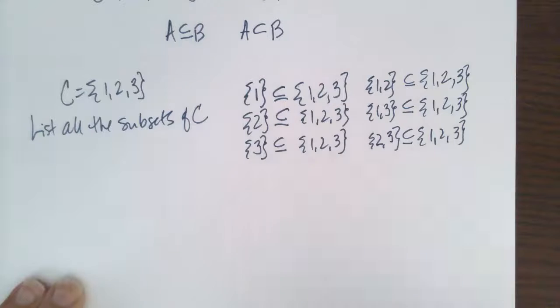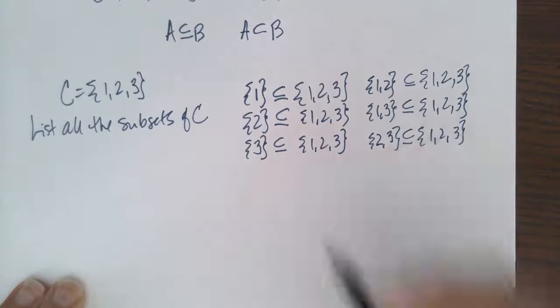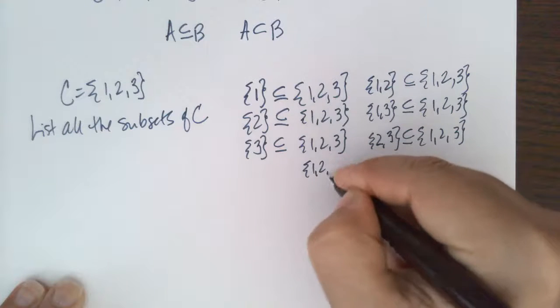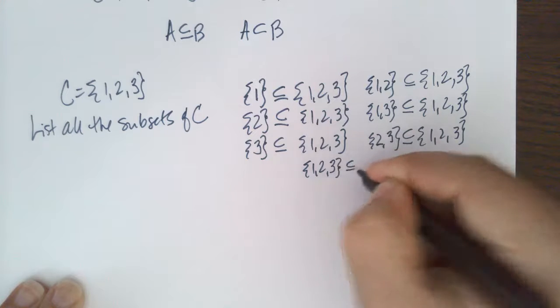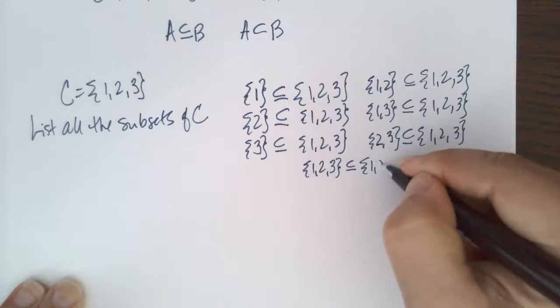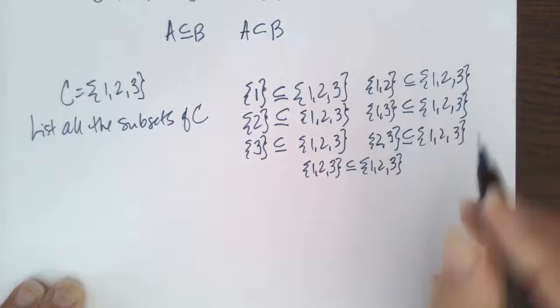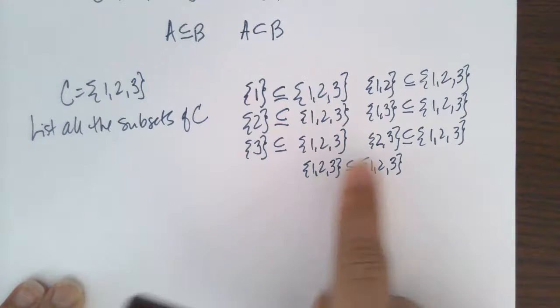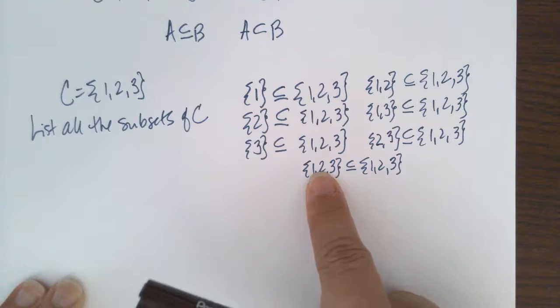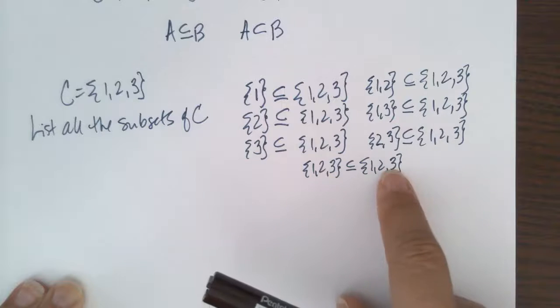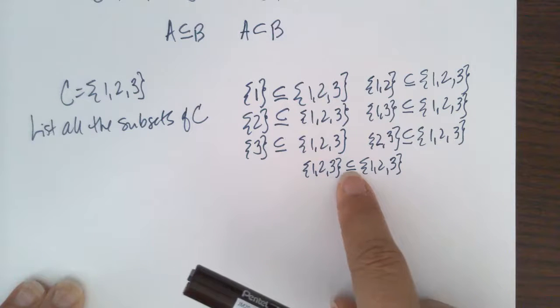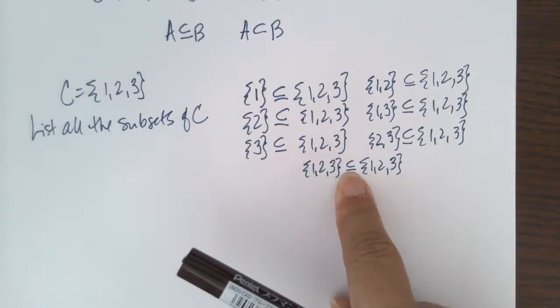There's one more set that is also a subset, and that is the set itself. The condition for {1, 2, 3} to be a subset of {1, 2, 3} is that every element in C is also in B, and it allows for them being equal, the exact same set.